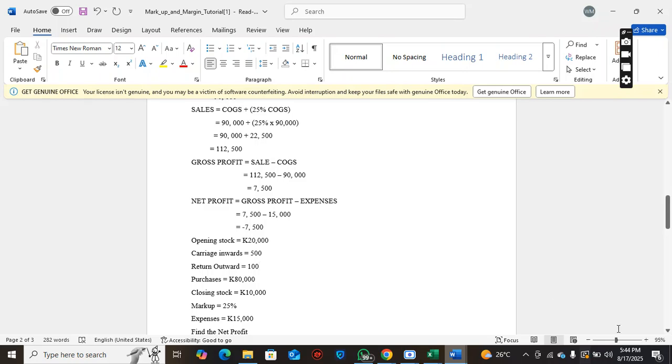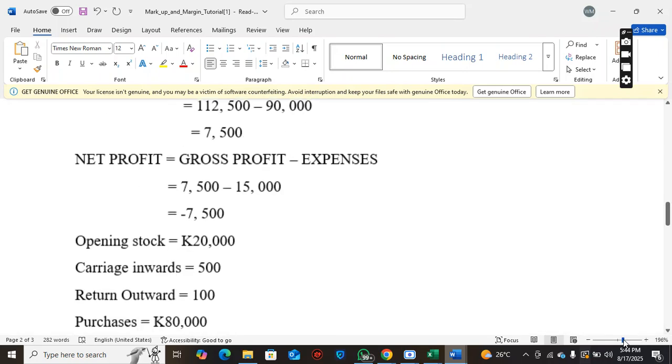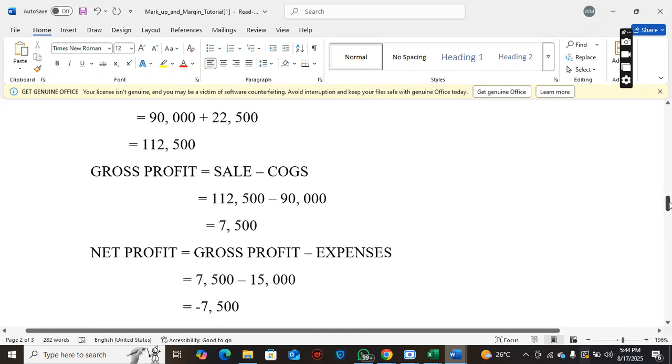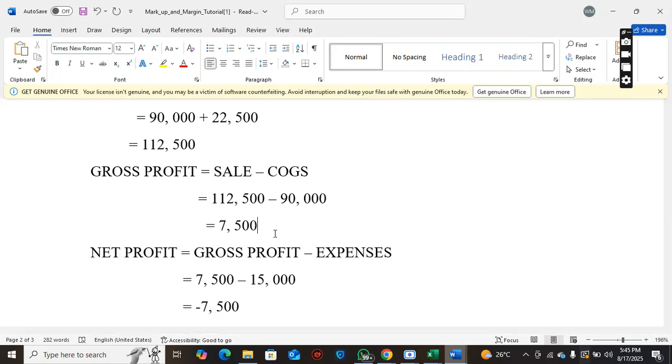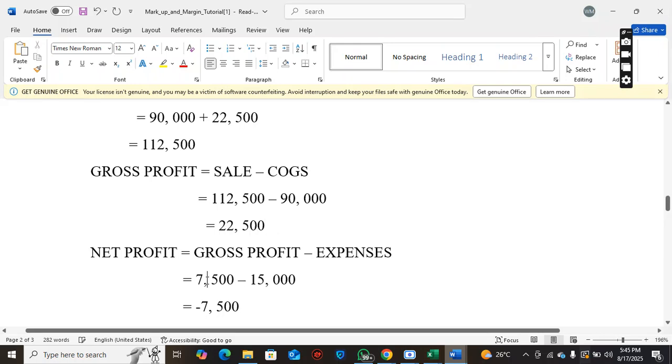Yeah, who gave me this 7,500? Someone said 7,500, and it's not supposed to be 7,500. It's 22,500. Who gave me the figure 7,500?